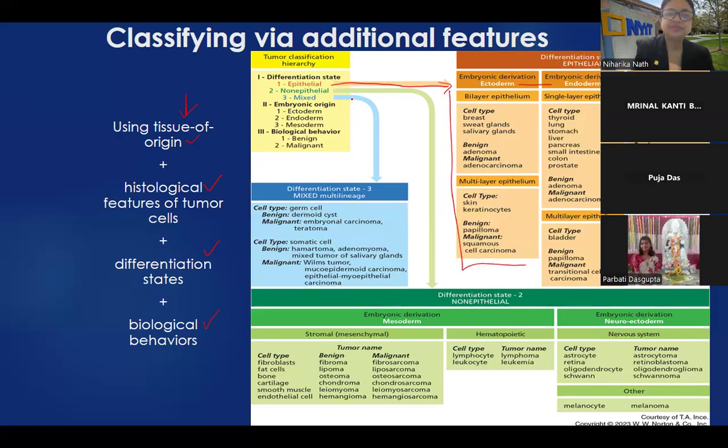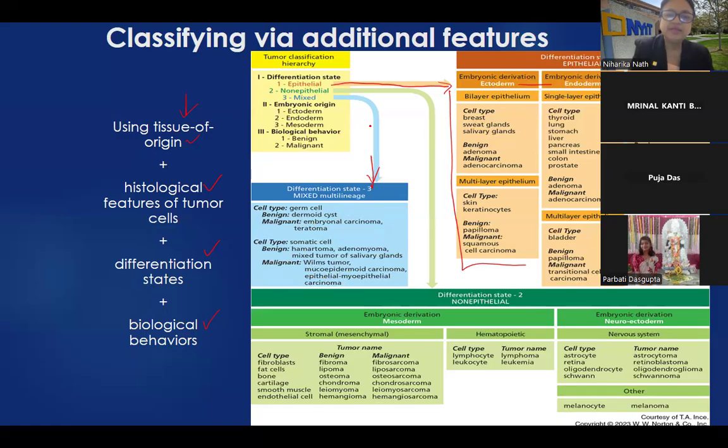And those that are from mixed lineages, all right, which have different types of properties. So they could be like a germ cell, and I will not talk about this one.